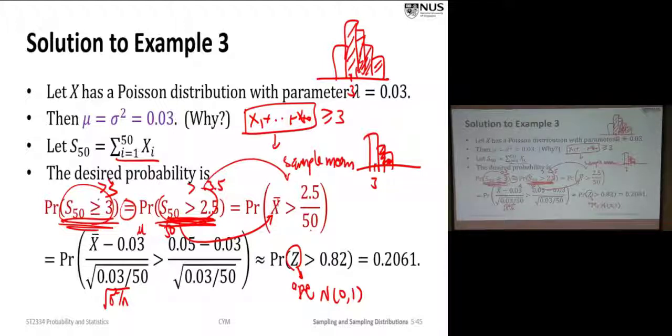I simply divide by 50, the sample size, on both sides. Then I standardize, quite straightforward. After I standardize, I call it Z. So what is the distribution of this one? It is approximately standard normal. So greater than 0.82, and the chance is 0.2061. All right?